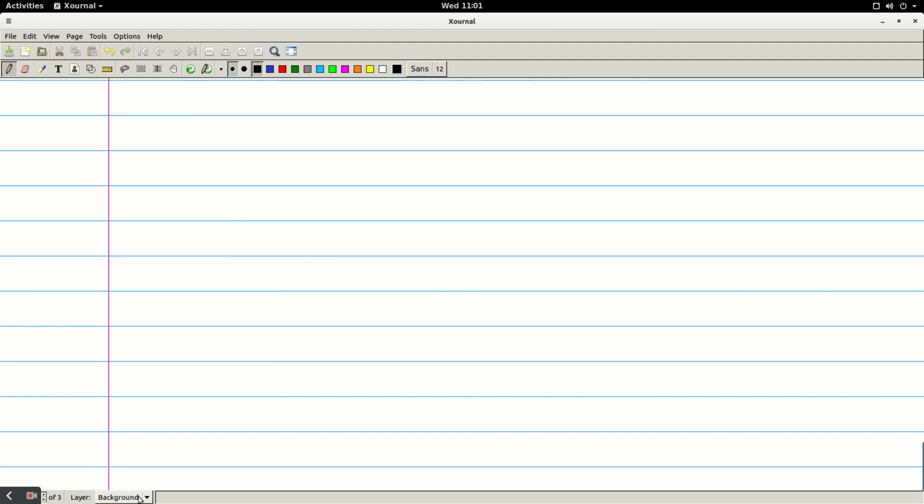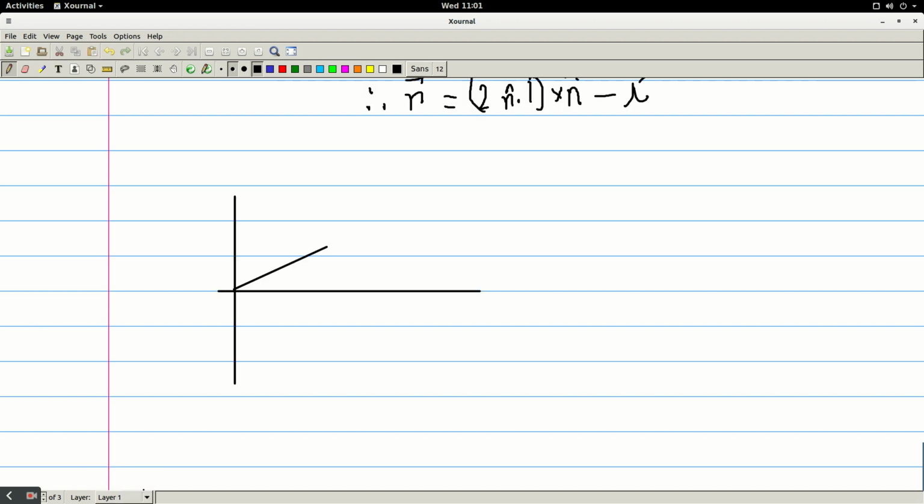So layer 1. So the labels that I want to put over here, that this is our L vector that goes from this point, this is our point P, to some other point, this is our point L. We have a L vector like this.